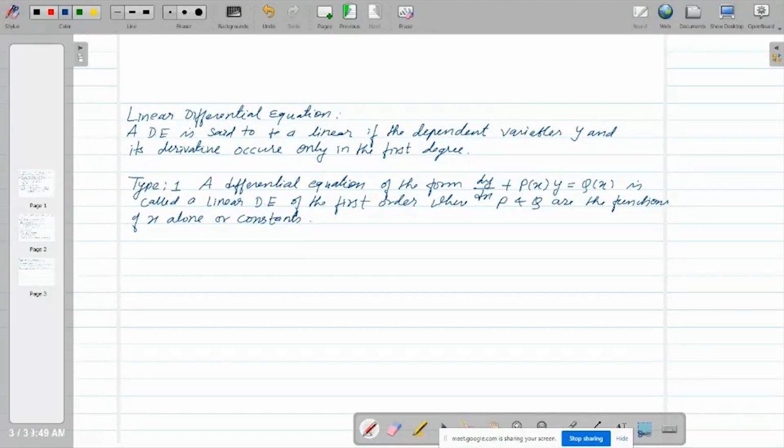Okay, and here y is called the dependent variable and x is the independent variable.